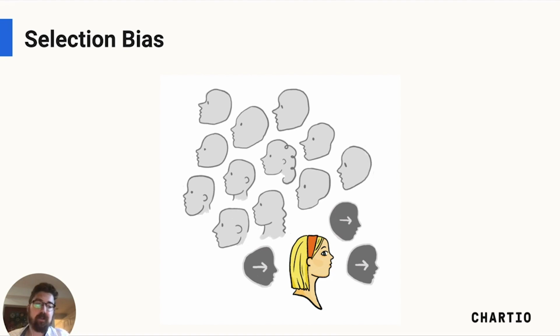Another common cognitive bias is selection bias, and this has to do with people being lazy. As a product manager, oftentimes you want feedback on some new feature, and getting feedback from people who are representative of your actual customer base can be quite challenging. It's definitely slow.